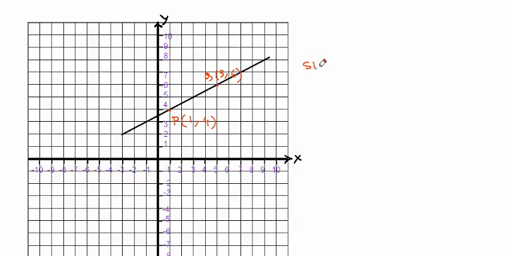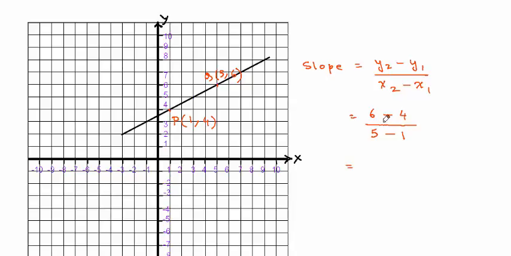And we know the slope or gradient formula is y2 minus y1 over x2 minus x1. I can choose any of the 2 points to be x2 and y2. The other one becomes x1 and y1. I'm going to say P is my point 1 and Q is my point 2. And therefore, I have y2, which is 6, minus y1, which is 4, over x2, which is 5, minus x1, which is 1.